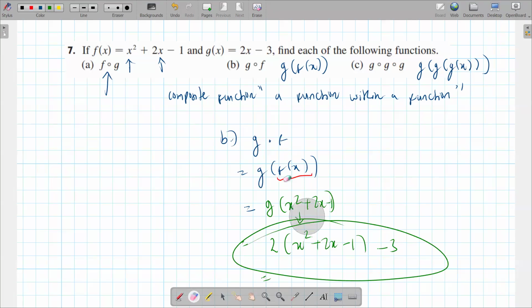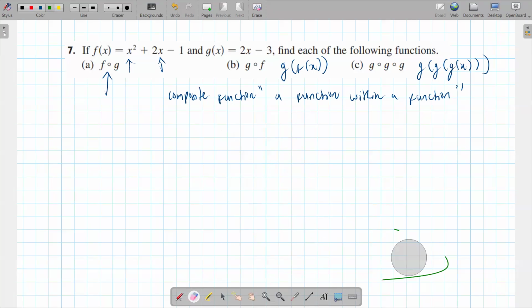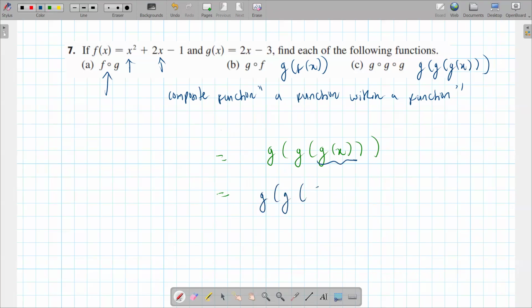Easy peasy. Part C is triple g. And again, it's not that hard. You just have to work one step at a time. Take it one day at a time. So the first thing, I'm going to replace this g of x with what it is. So you have g of (2x minus 3). What's the next step? You plug in 2x minus 3 into g of x.